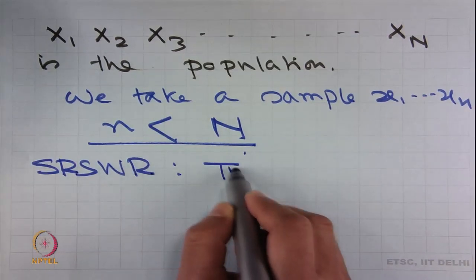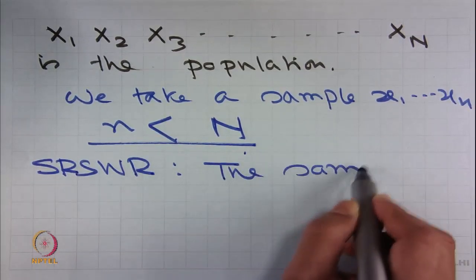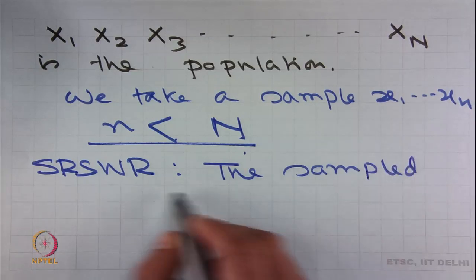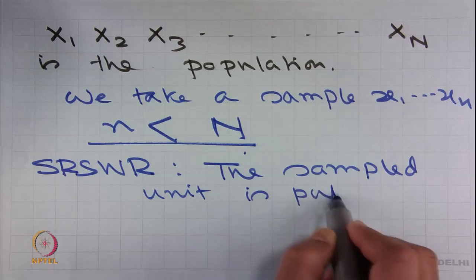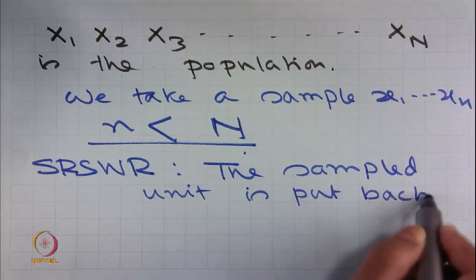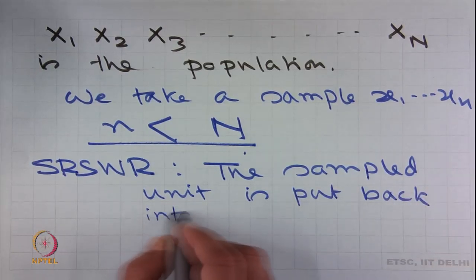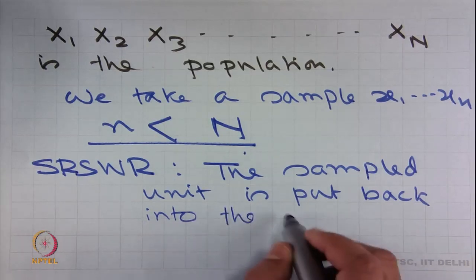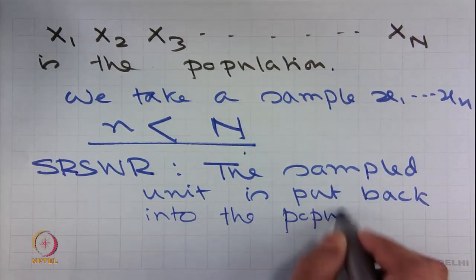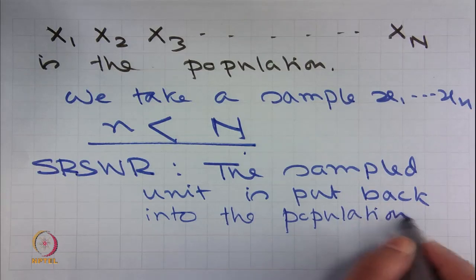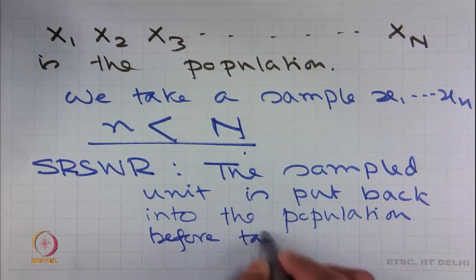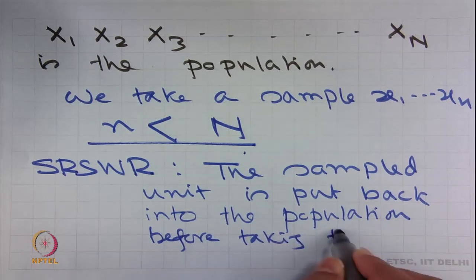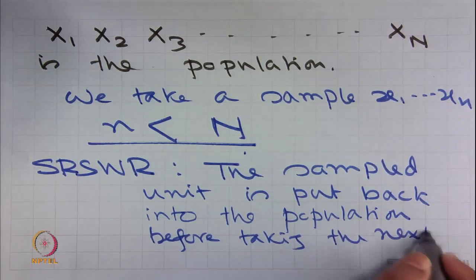The sampled unit is put back into the population before taking the next sample.